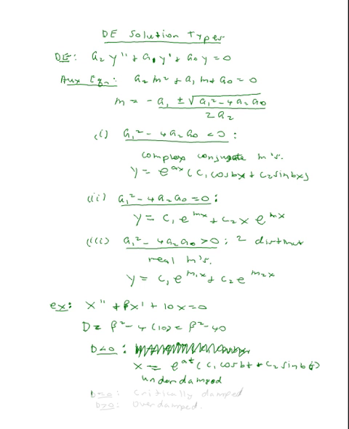Now suppose D is exactly equal to 0. Then the type of solution that we get is the type we have up above from having repeated real roots. More importantly, this is a critical situation.